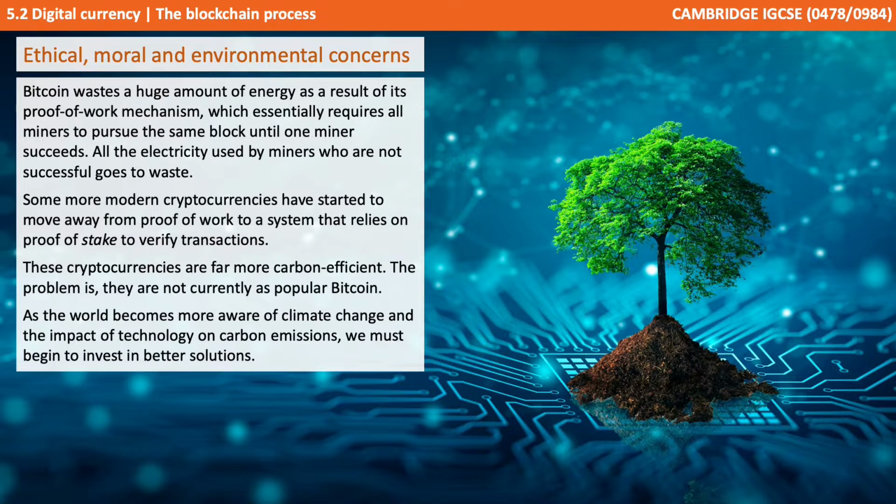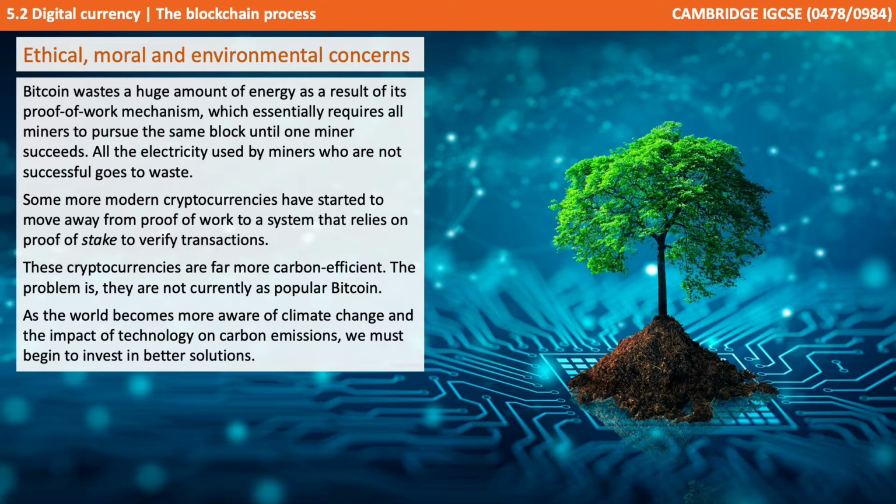So Bitcoin wastes a huge amount of energy as a result of its proof of work mechanism, which essentially requires all miners to pursue the same block until only one succeeds. Essentially, all the electricity used by the miners who are not successful goes to waste. Some more modern cryptocurrencies have started to move away from proof of work to a system which relies on proof of stake to verify transactions.